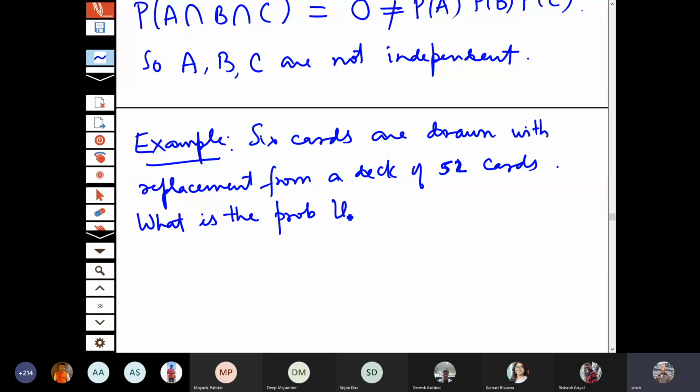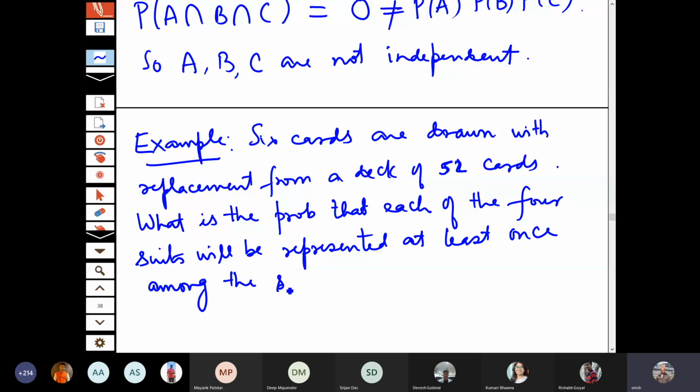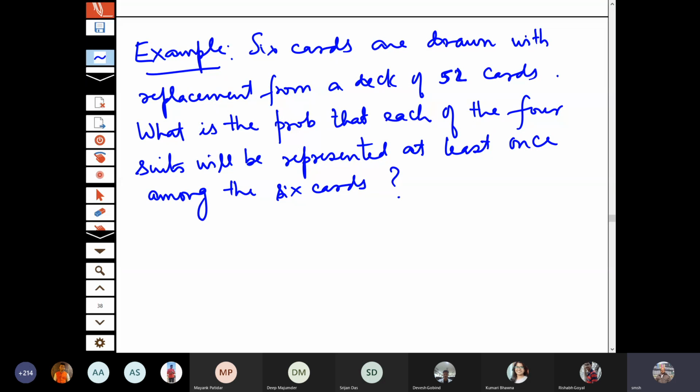What is the probability that each of the 4 suits will be represented at least once among the 6 cards? So suits means spade, heart, diamond and club.